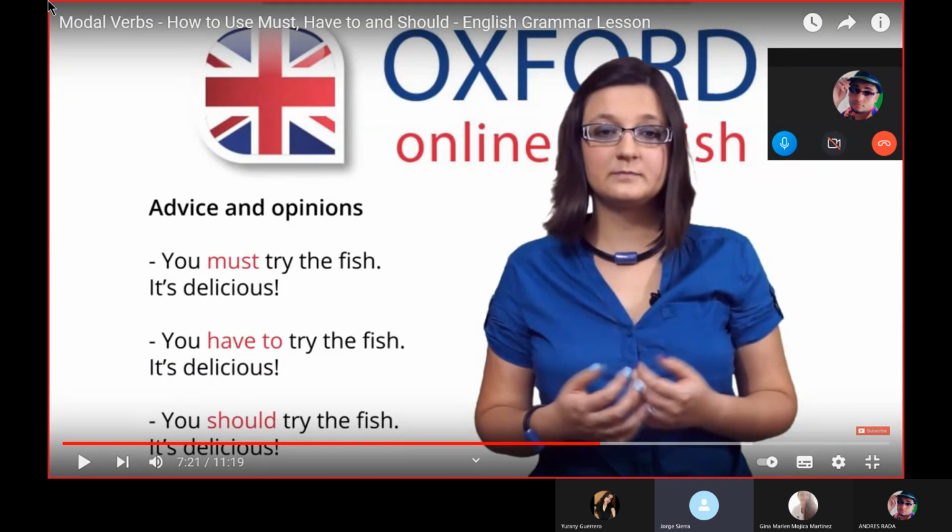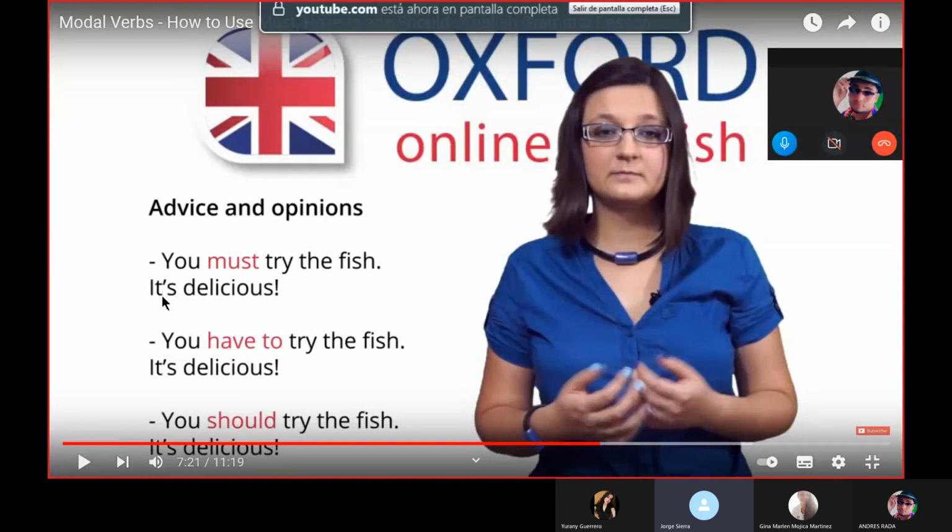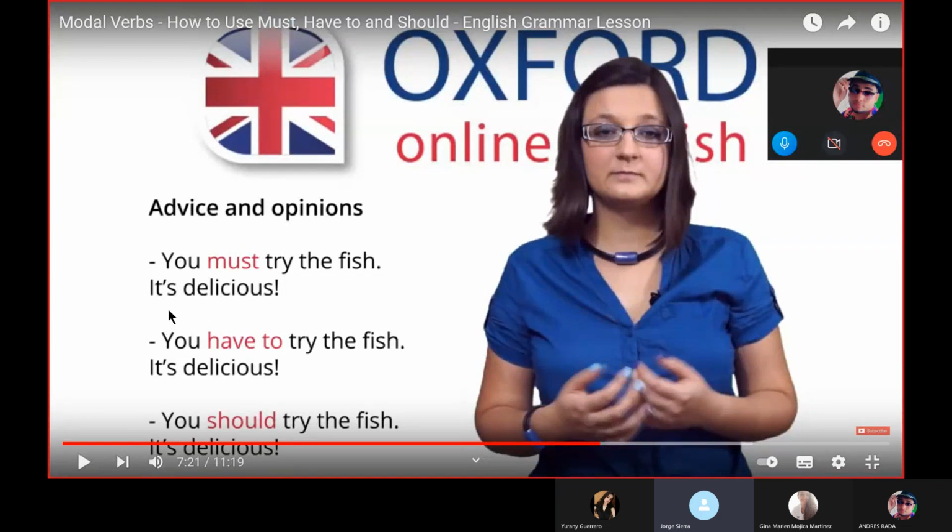Ok. En cuanto al should, no podemos utilizarlo para expresar una obligación. Pero con el must y el have to podemos hacer uso de estos dos modales para expresar un consejo. ¿Notan estos tres ejemplos?